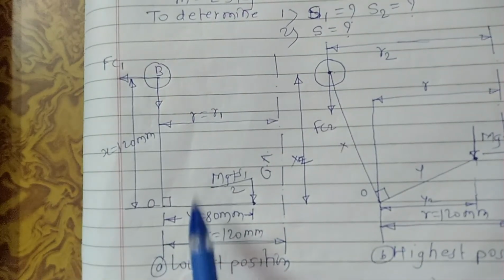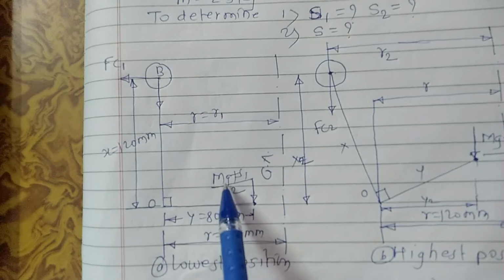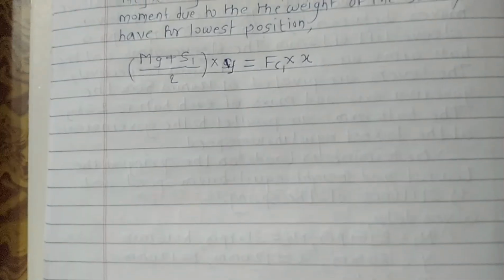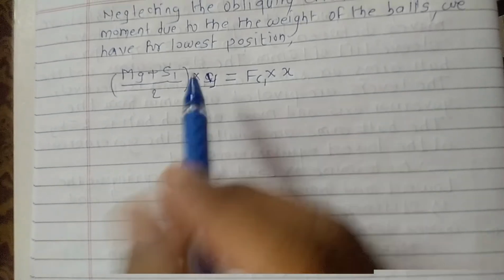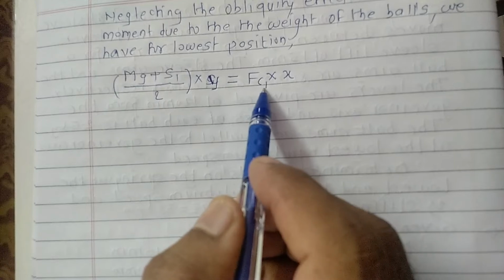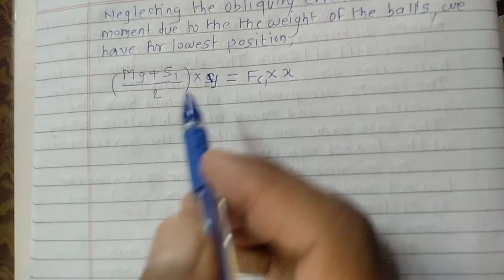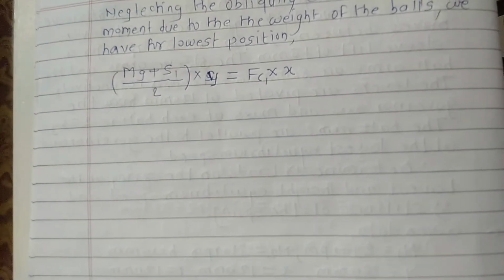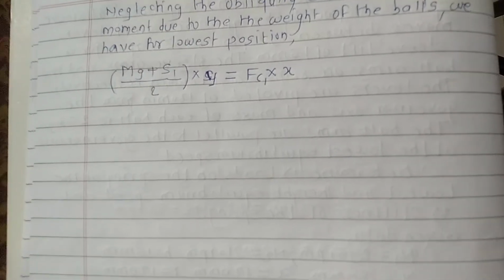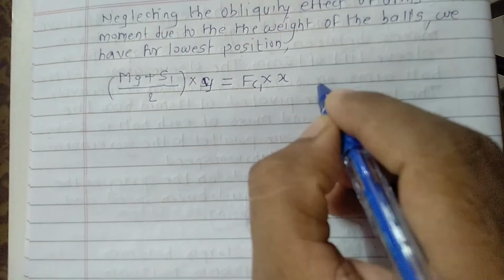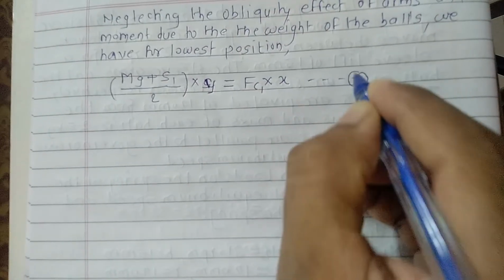So we can get this relation: (mg + s1)/2 multiplied by y equals Fc1 multiplied by x, by taking moments of both these forces about that pivot point. So in this way we get relation number 1 for the lowest position.